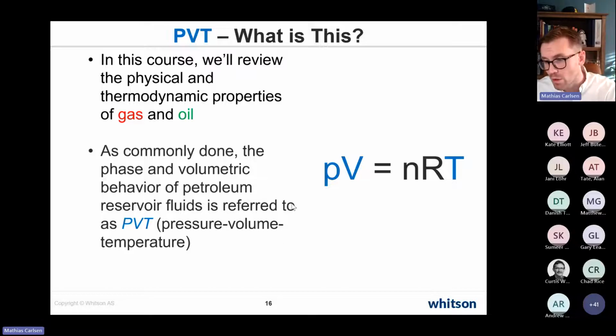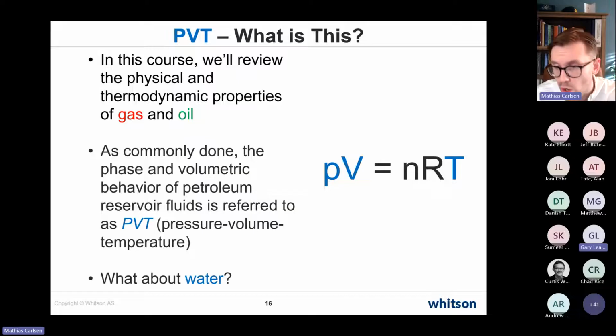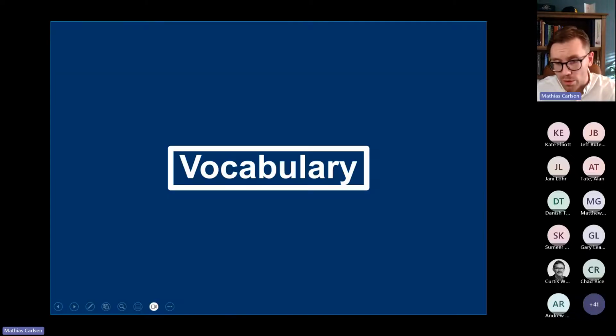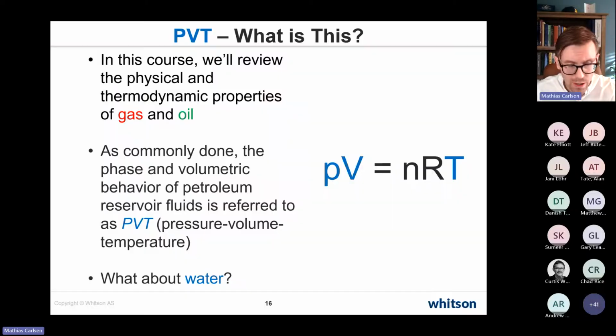One other thing that comes up very often, that's also discussed in that document that I sent, is what about water? For most of what we're going to talk about today, and when we talk about PVT in general, we don't put a lot of emphasis on water because it doesn't exhibit very complicated PVT.